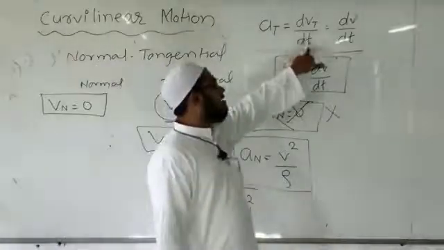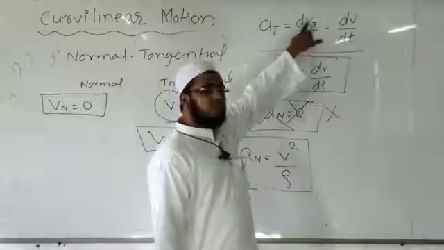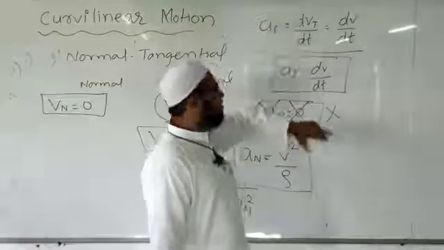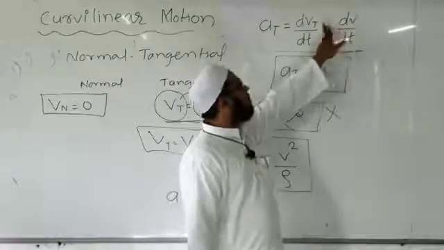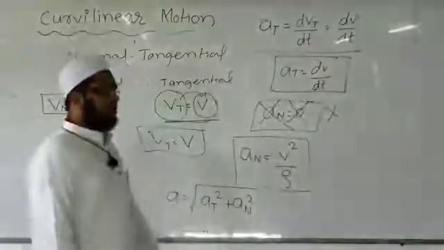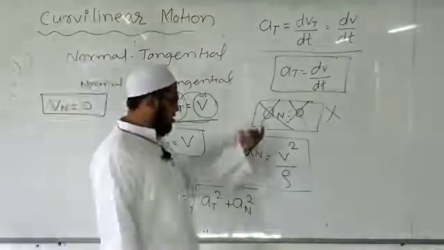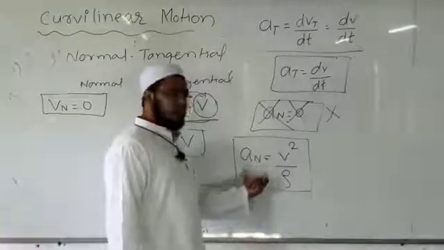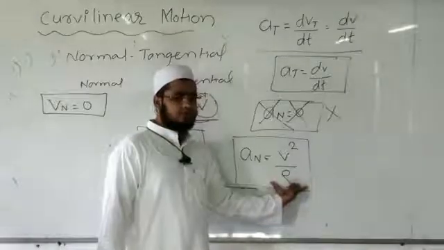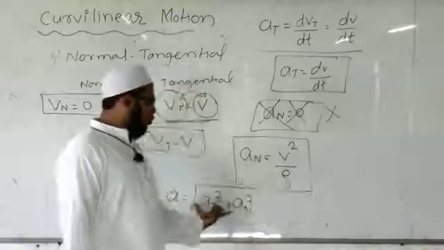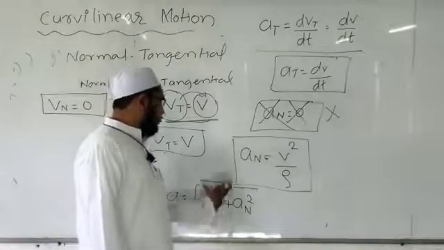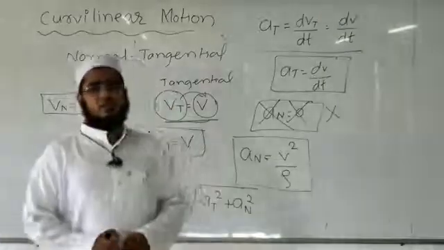At equal to dvt by dt, but Vt is v itself. The tangential velocity is the velocity itself. That's why the formula becomes At equal to dv by dt. And An, the normal component of acceleration, is v square by rho. If I require total acceleration, then it equals At square plus An square.